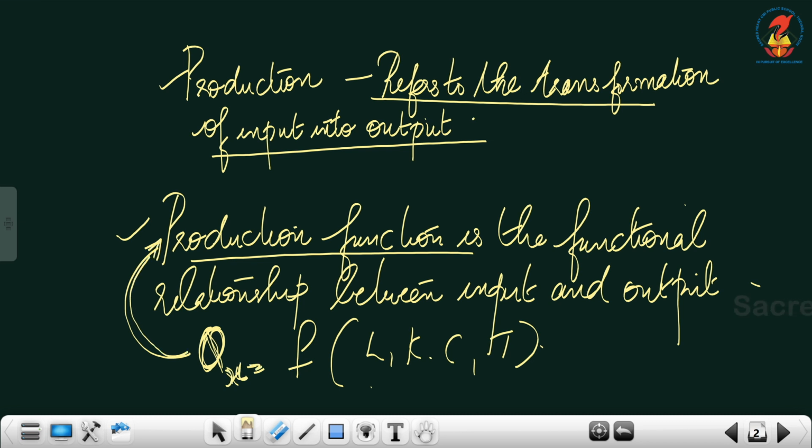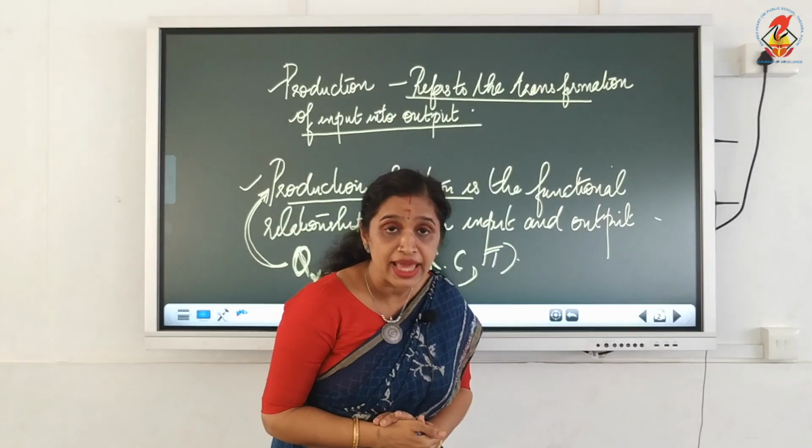So Qx is the production function. The production function is the functional relationship. It is a function of land, labor, capital, raw materials and technology.